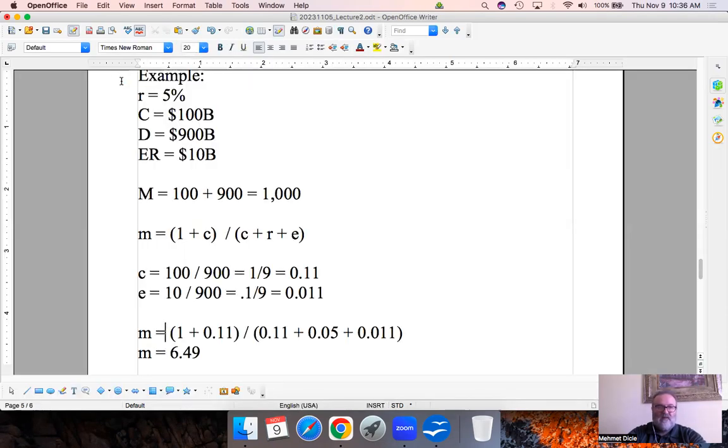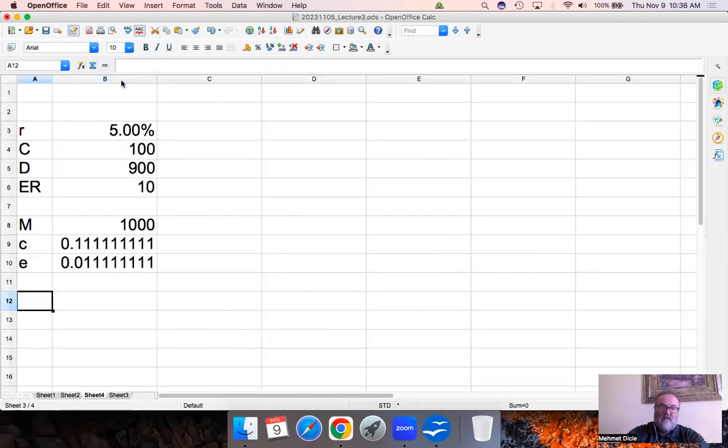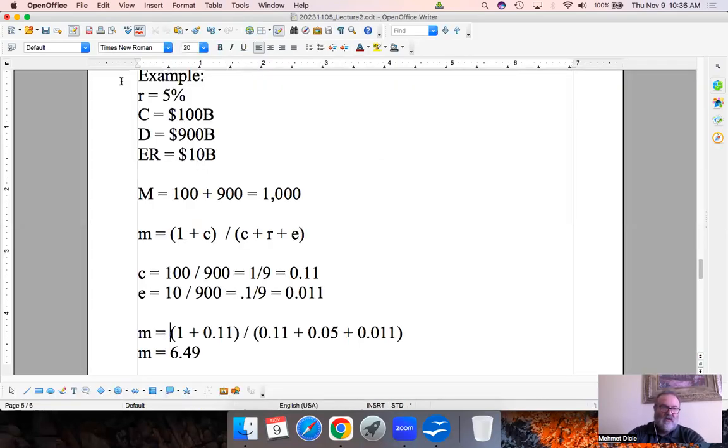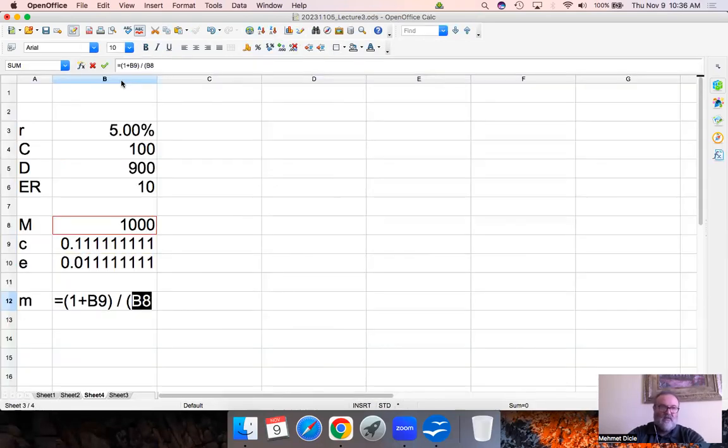And then you need to actually set this up. So the M then will be 1 plus c divided by c plus R plus E, right? So c, R, E. And let's make this look a little bit better.